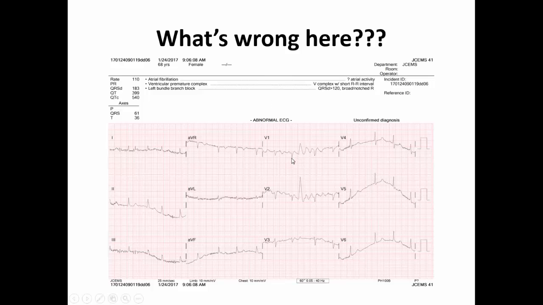If it was a bundle branch block, if you remember correctly, in V1, if the main deflection is upright, it's right bundle branch block, down is left bundle. So I guess since it's seeing these going down here, it probably is trying to read it as a left bundle, but I disagree. I don't think it's a bundle branch block here. This is a fairly narrow QRS complex, and I believe this is all signal averaging, which is giving you the wrong read. So be careful.